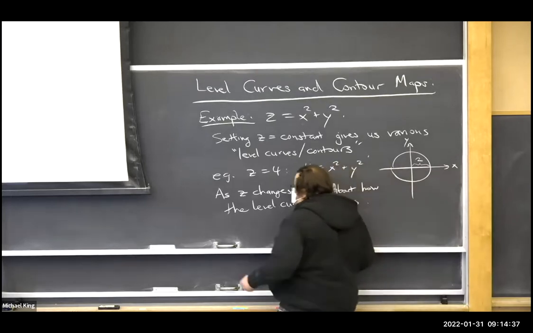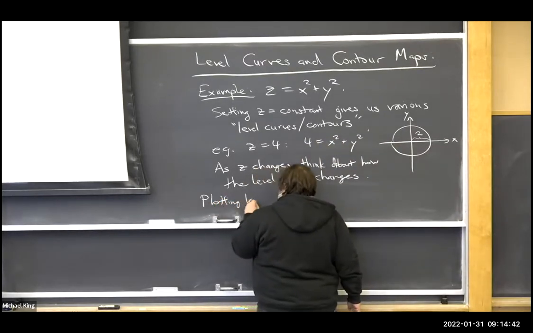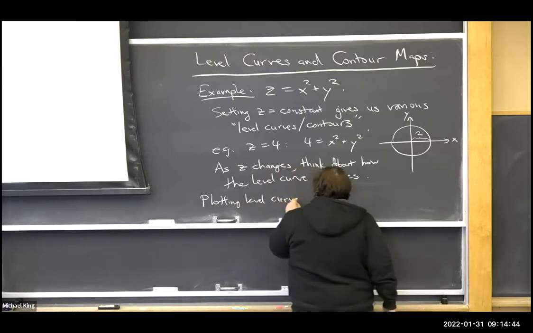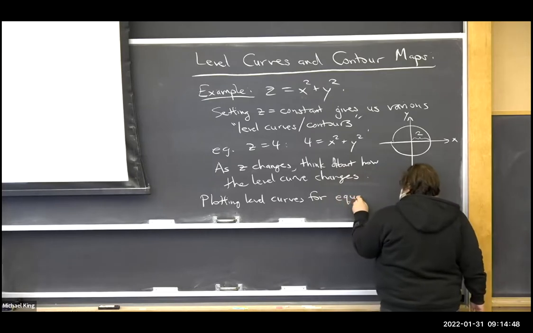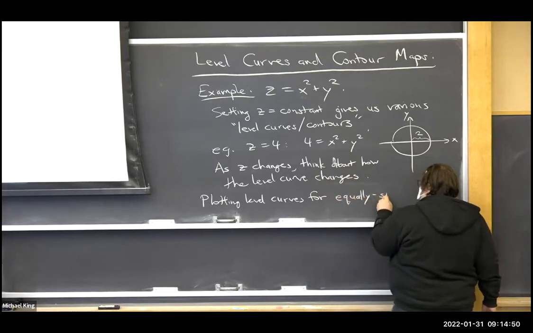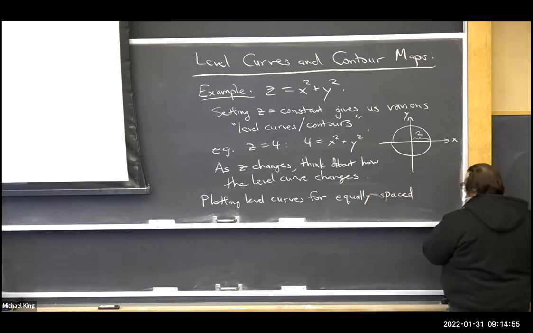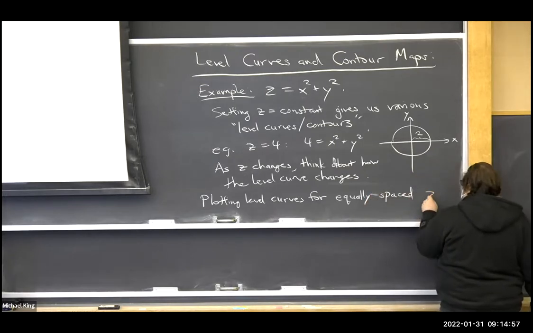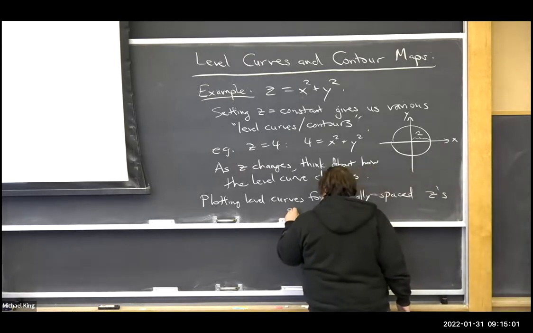So plotting level curves, and usually when you see them, they're for equally spaced z's, gives the contour map.